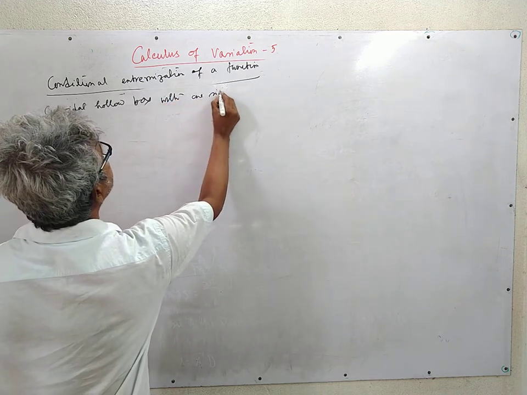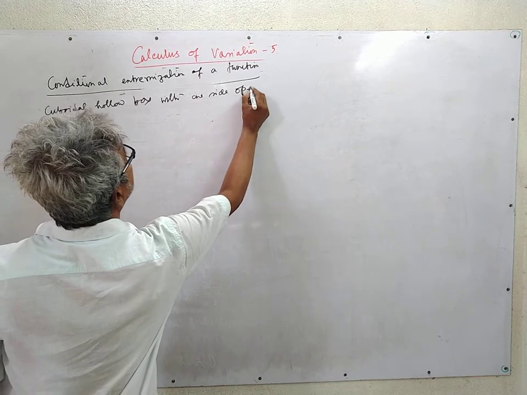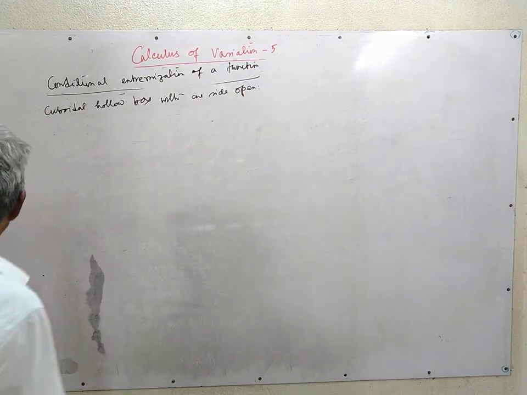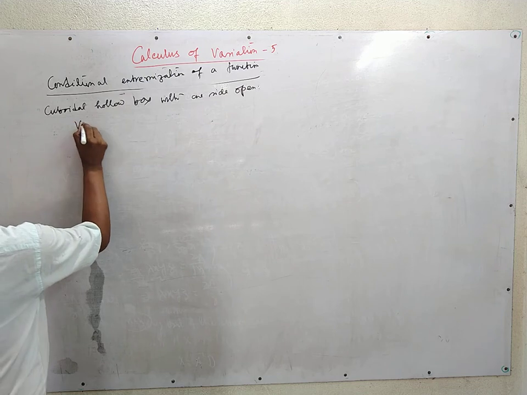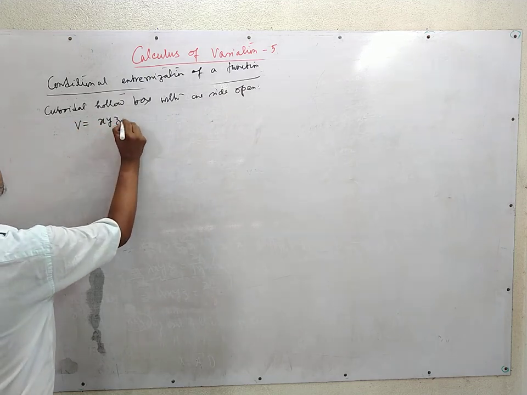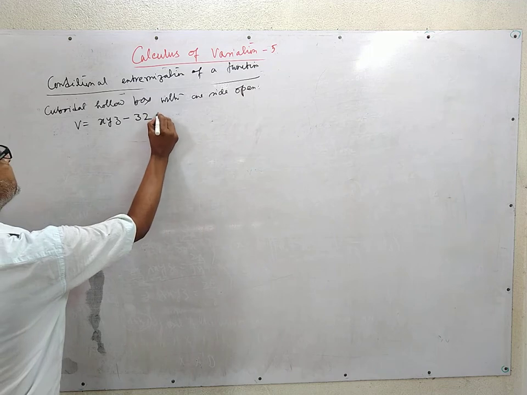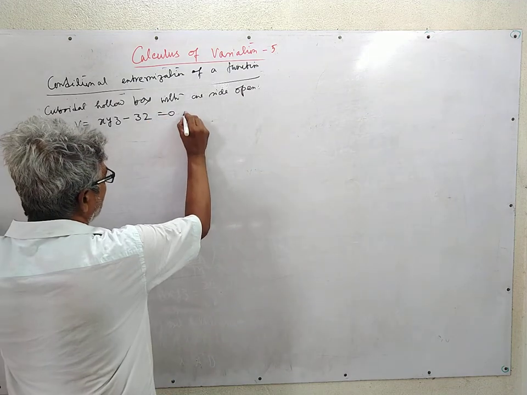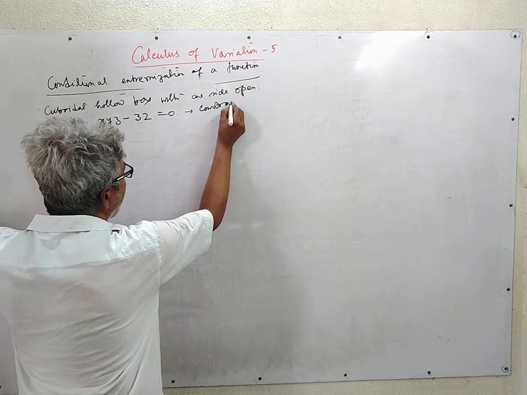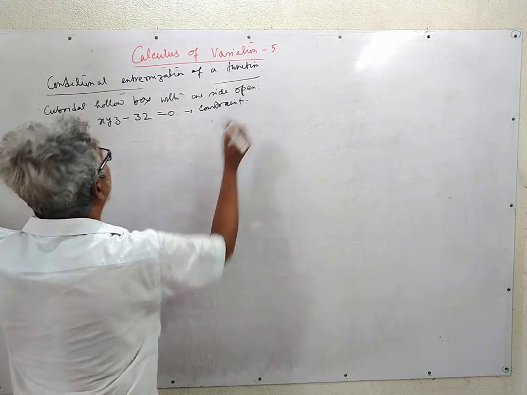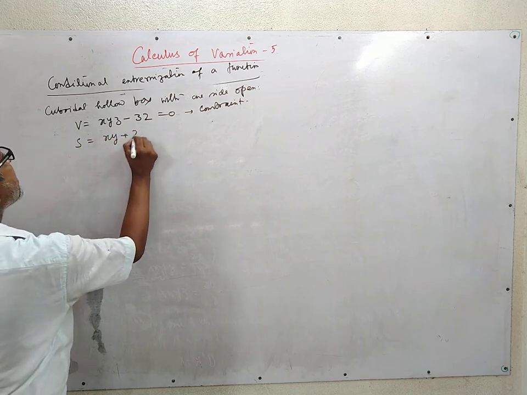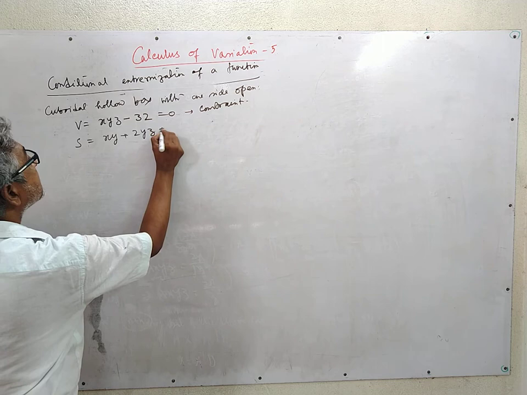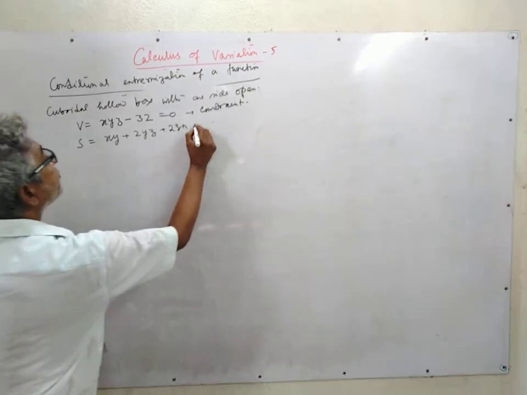With one side open, let the box have dimensions x, y, z. So the volume of the box is xyz. Say this is 32 meter cube. It is the constant. Our aim is to extremize the surface area.